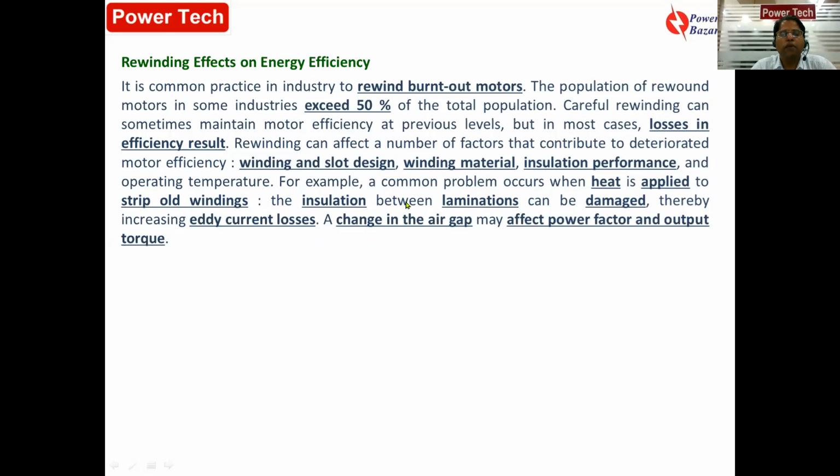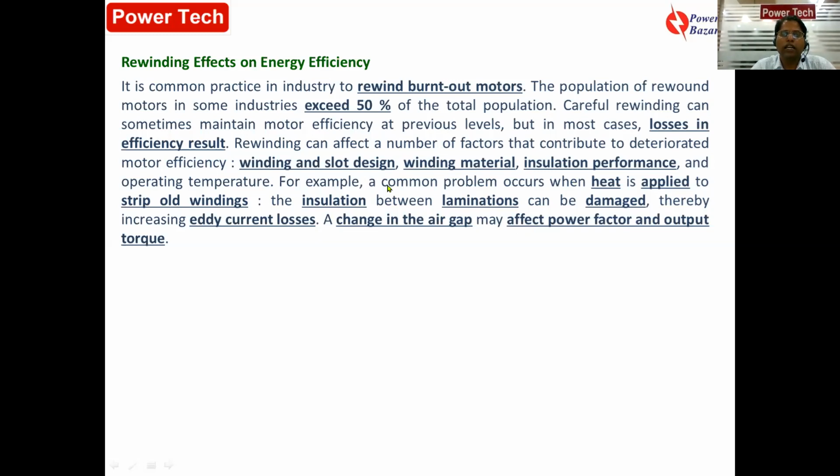Further, during assembly, they may not maintain the proper gap between the rotor and stator. So any change in air gap will lead to higher magnetizing current, which lowers the power factor, and the output torque will be affected. So if the rewinding is not proper and is done by unskilled labor and technicians, there will be a drop in efficiency.